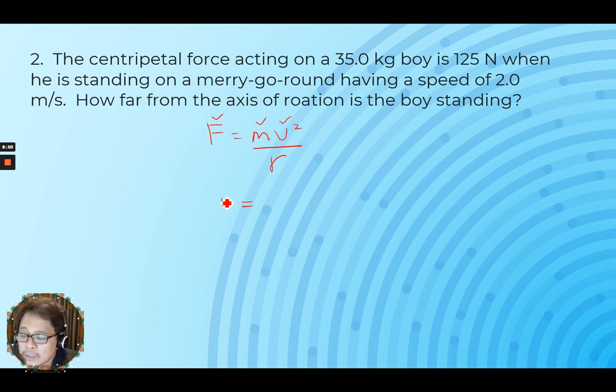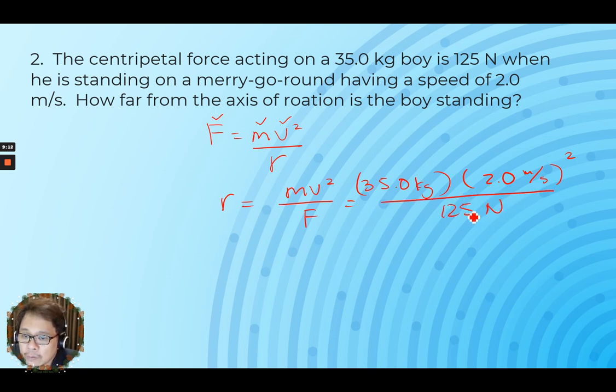So we transform the equation. So you get mv squared over F. The mass of the boy is 35.0 kilograms. The velocity of the merry-go-round is 2.0 meters per second. Then don't forget to square this. And the F is 125 newtons. So let us compute for the R, or the distance from the axis of rotation.